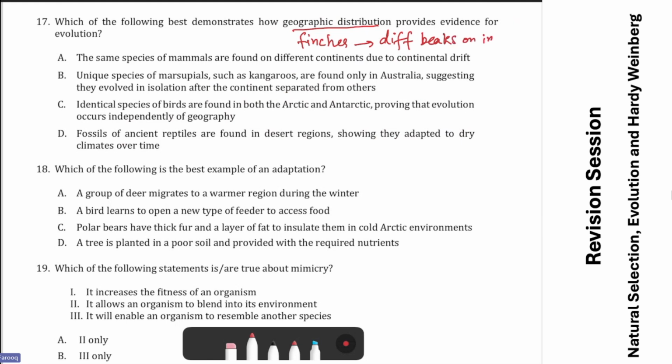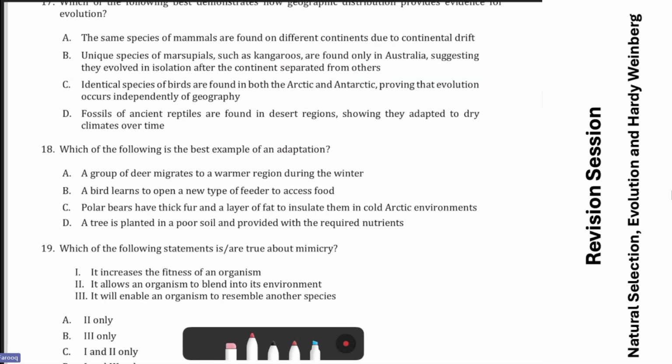This is called geographical distribution. It means that they are adapted to certain features and they are found only in some places, not all over the world, not in all the continents, not in all the areas. So based on this, you can go through the answers, but right now the answer will be B.